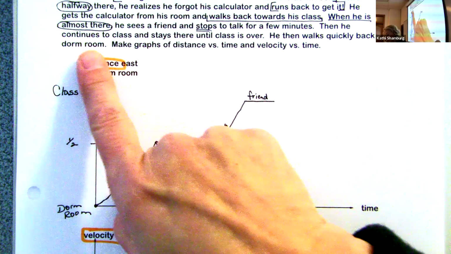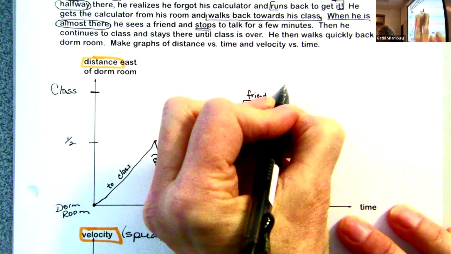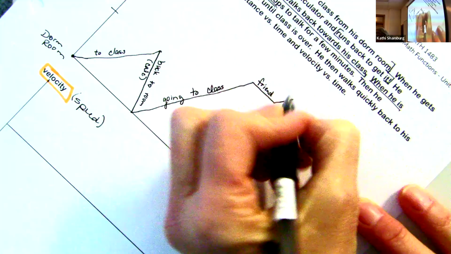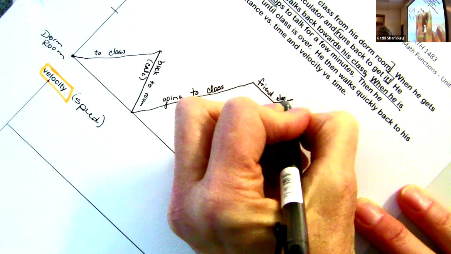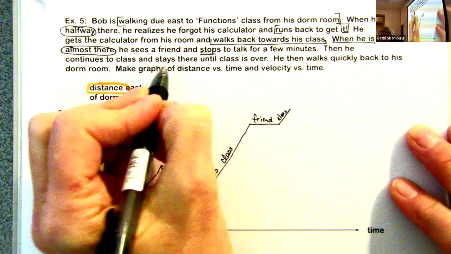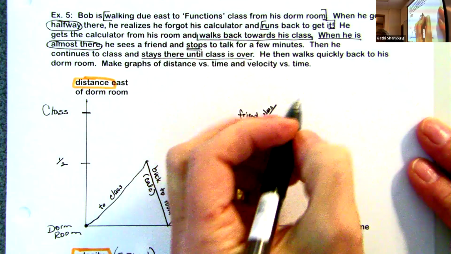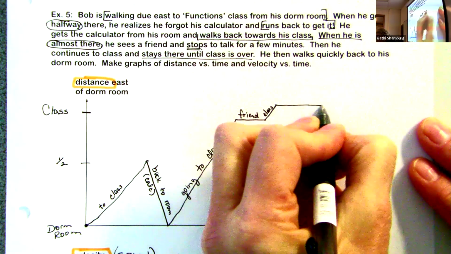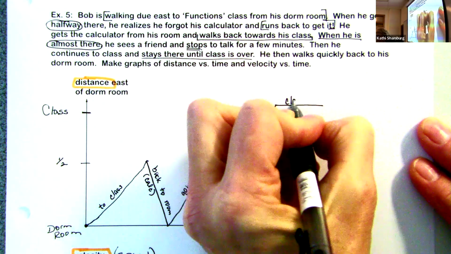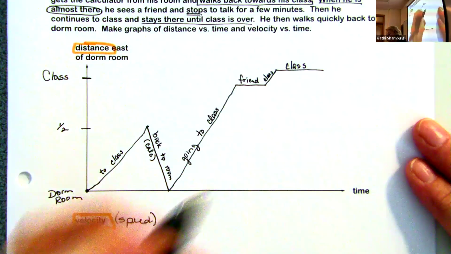Then he continues to class, finishes getting to class. There's class, and he stays there until class is over. Then he walks quickly back to his dorm room.